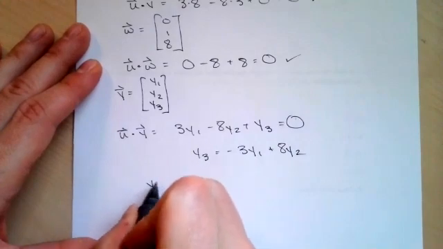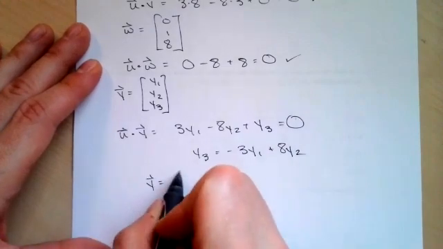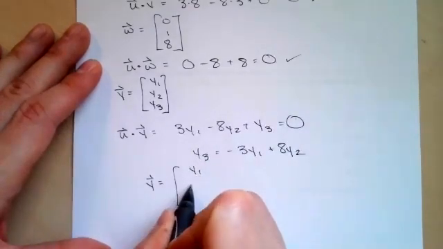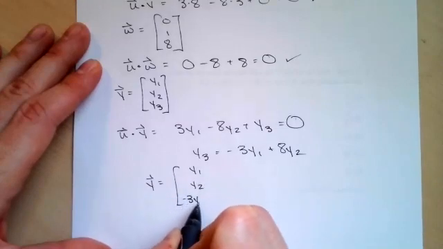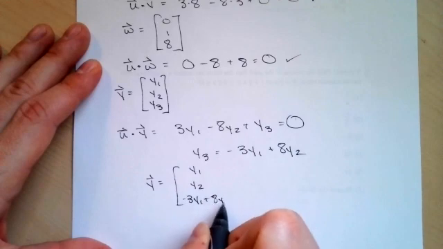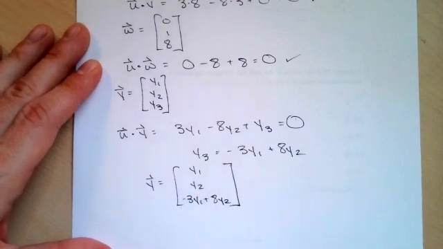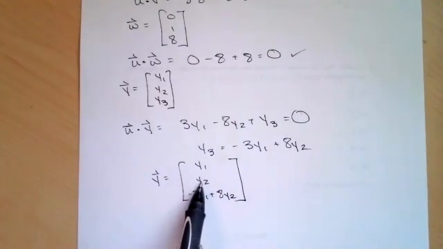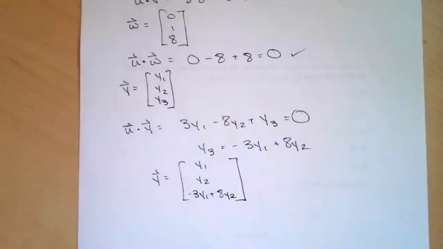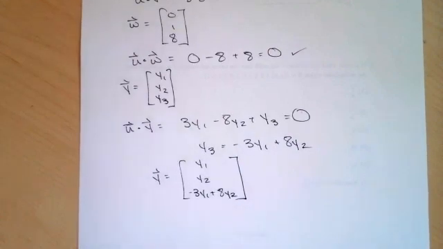And so our y is going to be any vector of the form (y1, y2, -3y1 + 8y2), meaning that we have 2 free parameters. We can pick whatever values we want for y1 and y2, and then the third value will be dictated by this orthogonality condition.